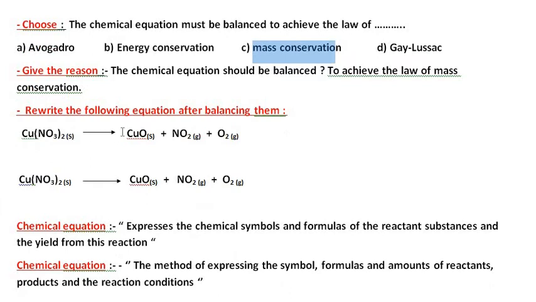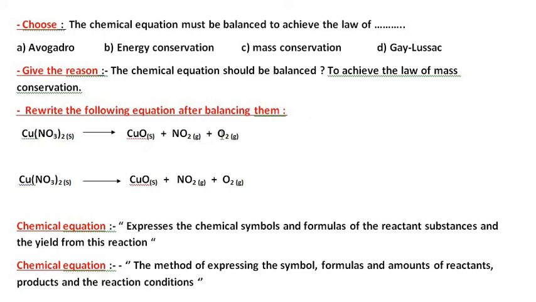If we want to rewrite this equation and balance it, of course this is an unbalanced equation: 2 nitrogen atoms, 1 nitrogen atom, 6 oxygen atoms, 5 oxygen atoms.